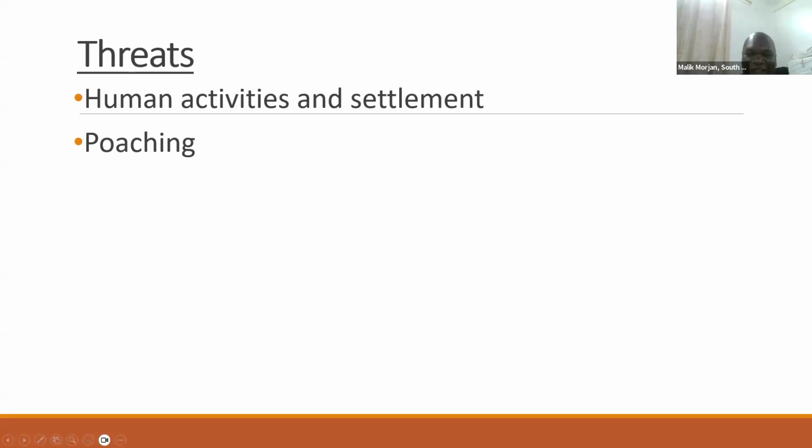Yeah, the major threat is poaching. And poaching happens because there is always a hunger gap. So food insecurity is a problem. And people in these particular areas usually face floods that move them out from their homes and then they come back.